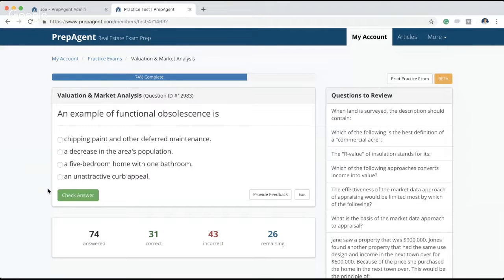An example of functional obsolescence is A, chipping paint and other deferred maintenance, B, a decrease in the area's population, C, a 5-bedroom home with 1 bathroom, D, an unattractive curb appeal.